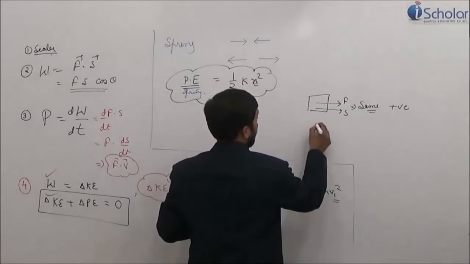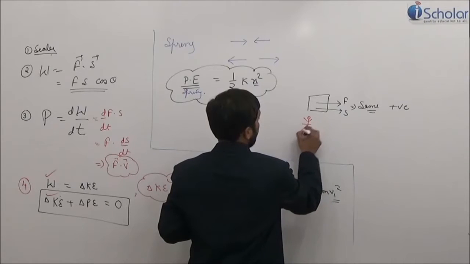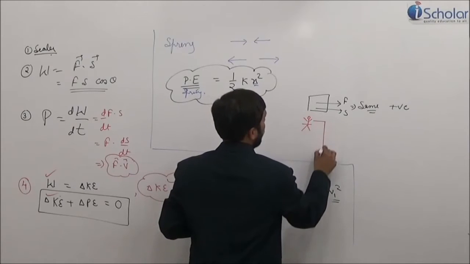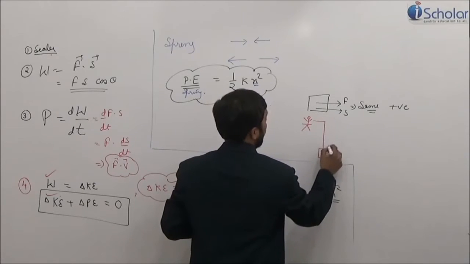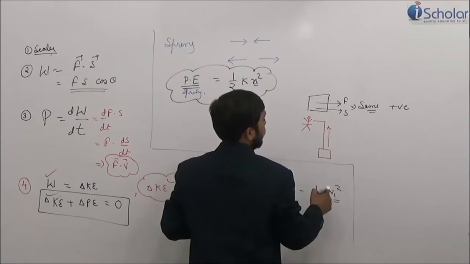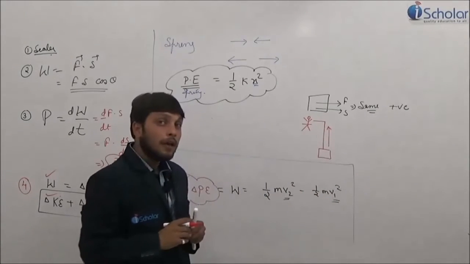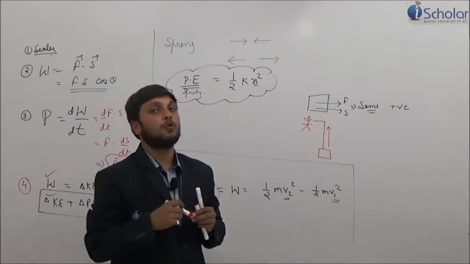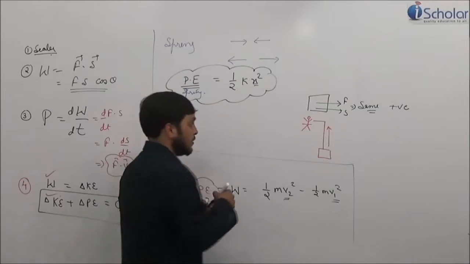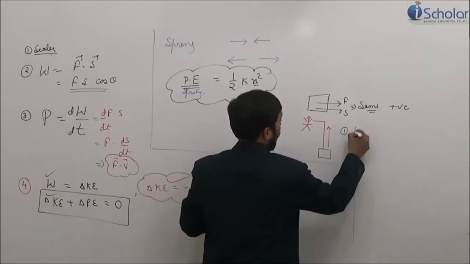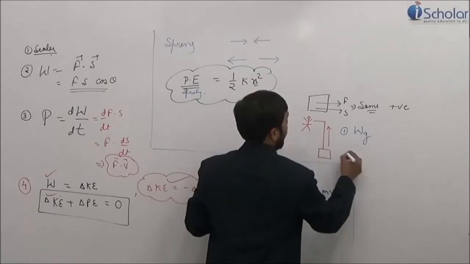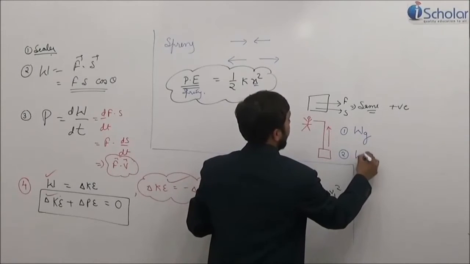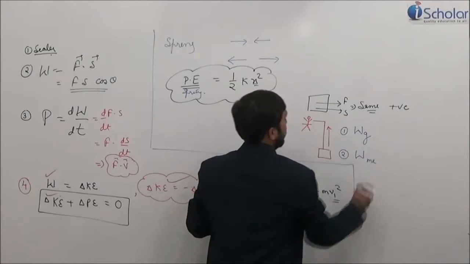suppose I am standing here on the platform and I am pulling a bucket or a block upward. Then I have two questions for you. First question is the work done by gravity, and second is the work done by me.